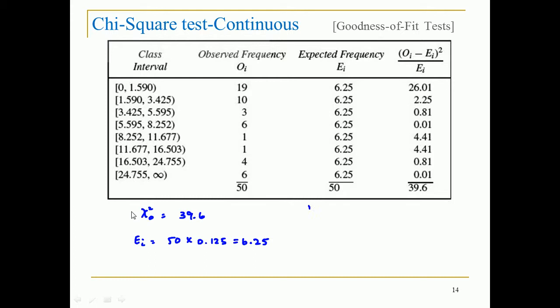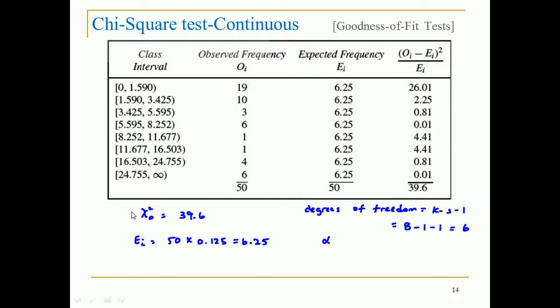The degrees of freedom are going to be equal to k minus s minus 1. We have one parameter that was estimated and 8 intervals, so it's 8 minus 1 minus 1, and this equals 6.